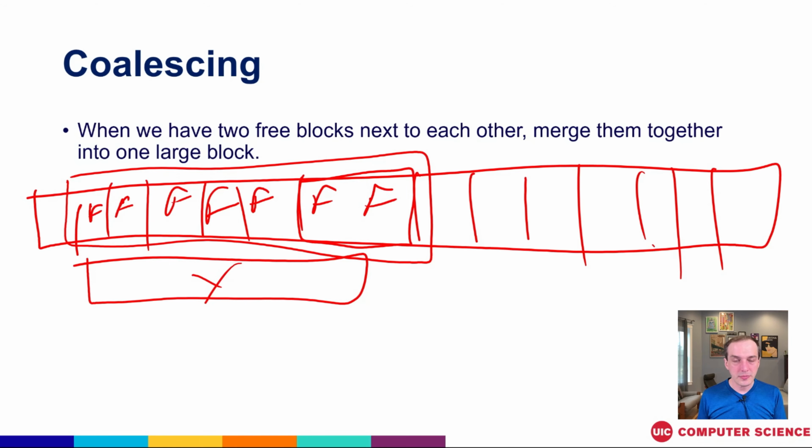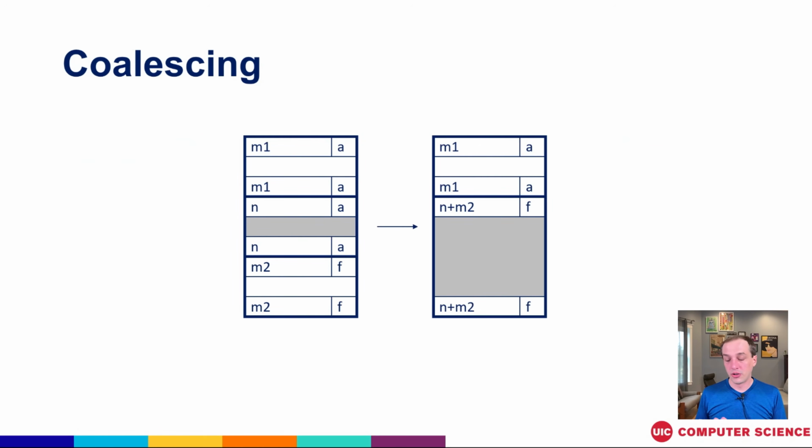So what we're going to see is that coalescing in the abstract is just taking two free blocks and turning them into one thing. So if I were to free this piece, and then I said, okay, this piece is free, and the piece after it is also free, then I now have one big free piece.